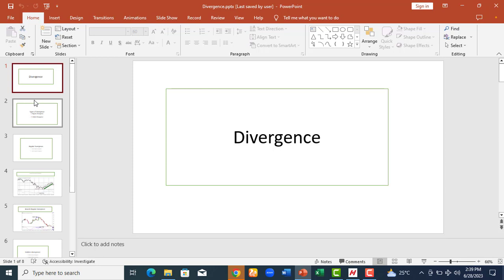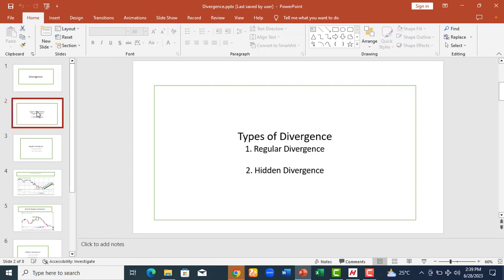It shows that price is doing a different thing, and the oscillator is doing a different thing entirely. We went as far as learning the types, the regular divergence and the hidden divergence.